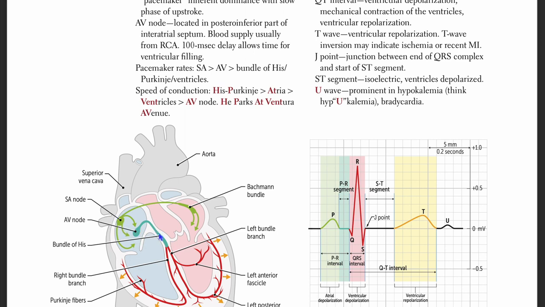Okay, so speed of conduction is fastest in His-Purkinje, which is faster than the atria, which is faster than the ventricles. You can imagine ventricles are large, and the ones controlling the ventricles are going to be the AV node, so that's going to be the slowest.